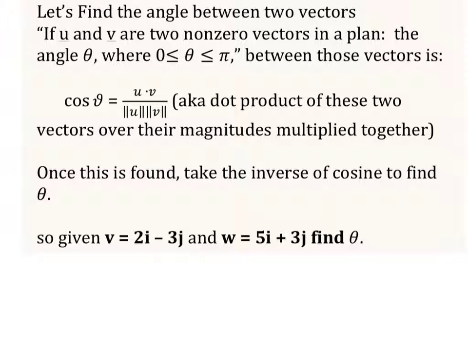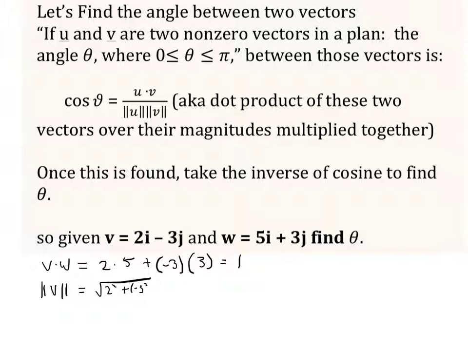So, if we're working here, we're going to find v dot w, which is going to be 2 times 5 plus negative 3 times 3, which we got as 1. The magnitude of v is going to be the square root of 2 squared plus negative 3 squared, which equals root 13.